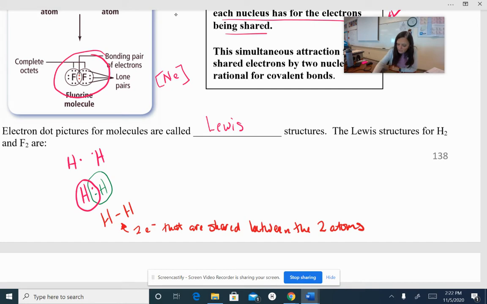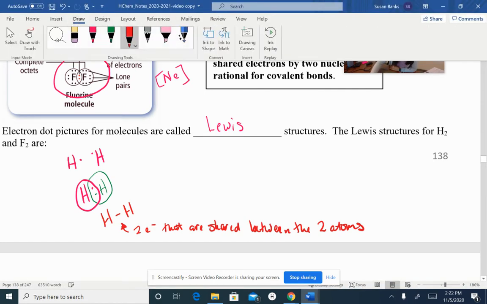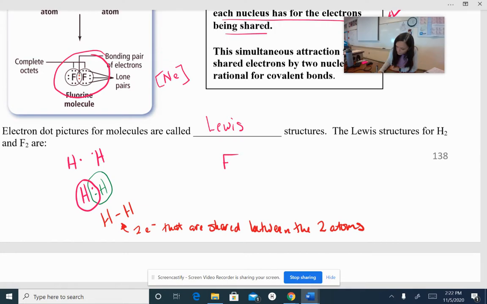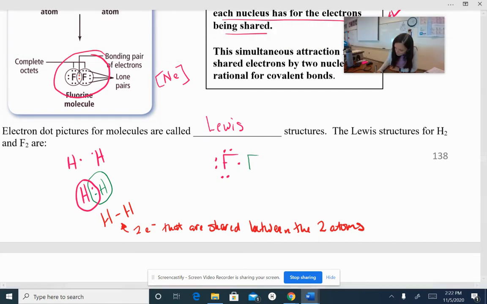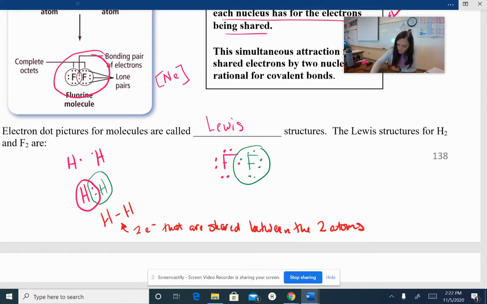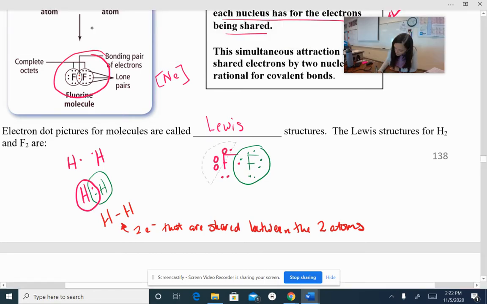If I look at fluorine, we'll draw 1 fluorine with 7 valence electrons. And we'll draw another fluorine with 7 valence electrons. The green fluorine now has a noble gas configuration, and the pink one also does too, which gives them a whole noble gas configuration.